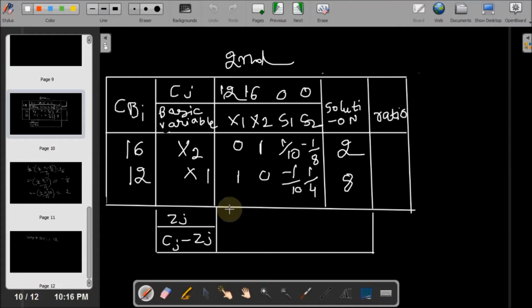So here the Zj value is 12. Now next, in the same way, 16 into 1 plus 12 into 0. I will directly write this. 16 into 1 plus 12 into 0. Obviously, what is the value of Zj here? 16.